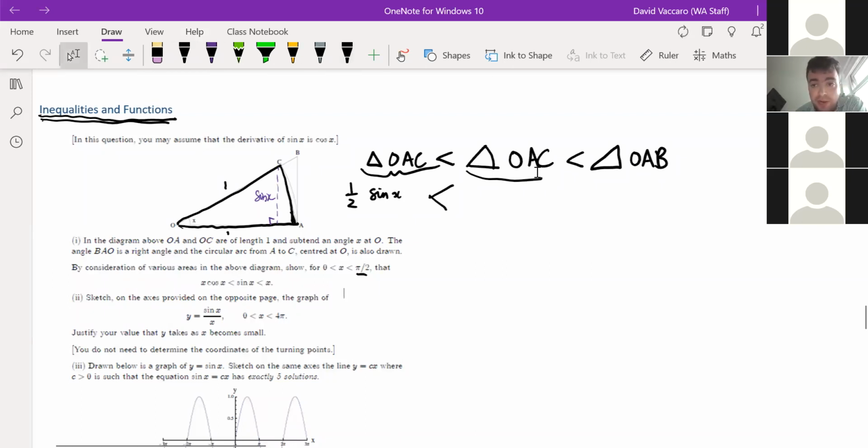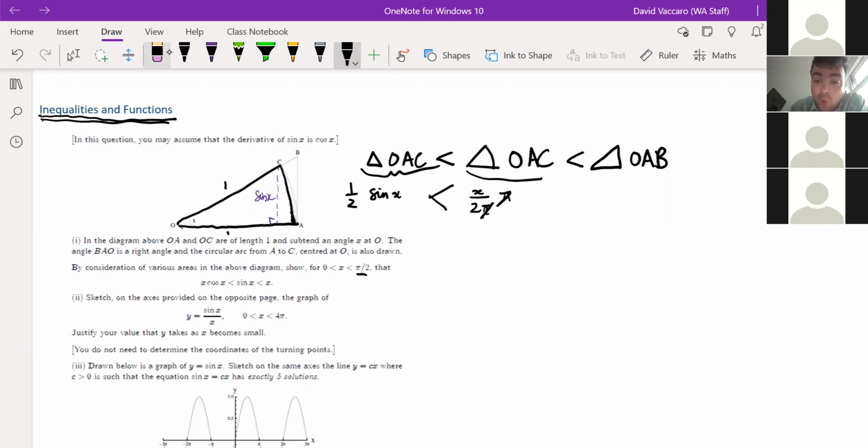So if you want to put down the area of OAC in the chat, put it into the chat. Someone's put x. Let's be a little bit careful, because if you imagine the whole pizza, we've got x radians out of 2 pi radians. And then the area of the whole pizza would be pi r squared, and the radius is 1, so it would just be pi times 1 squared. So the whole area is pi. So the area of OAC is x over 2.